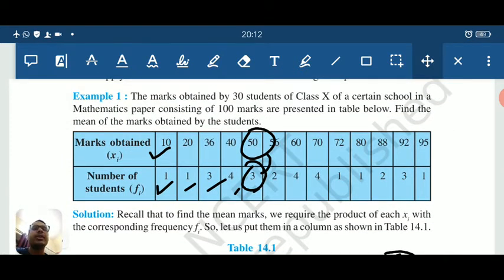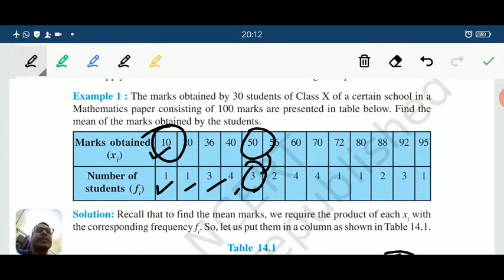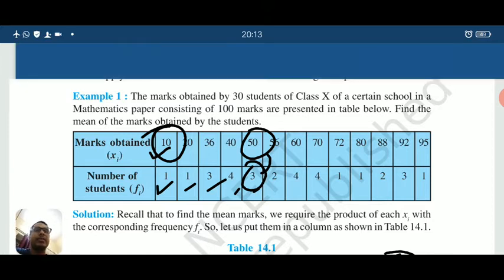So the lower range, that is the data which we started, was from 10, so we have taken 10 as the first one. Then we can decide the next limit, that is the upper limit, on our own. We consider how many students fall in those categories, that is the frequency, and accordingly we frame the class interval.